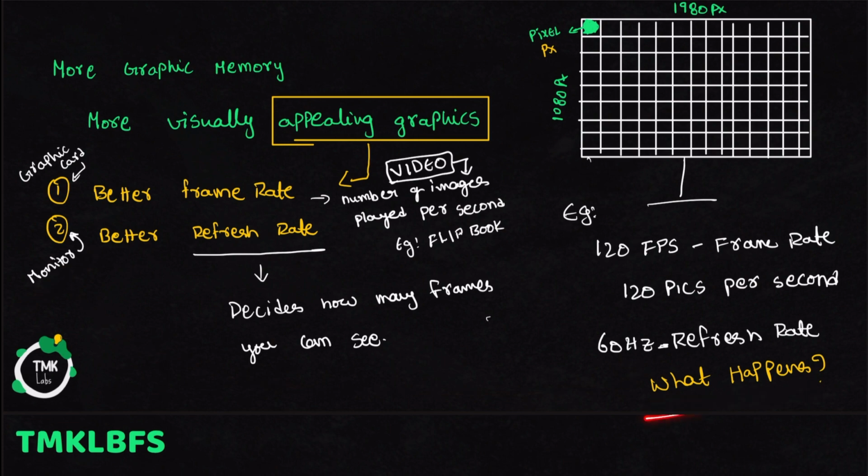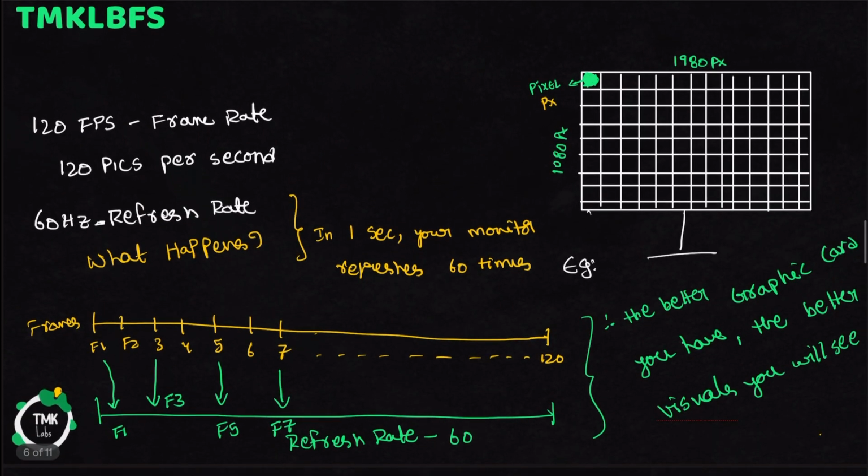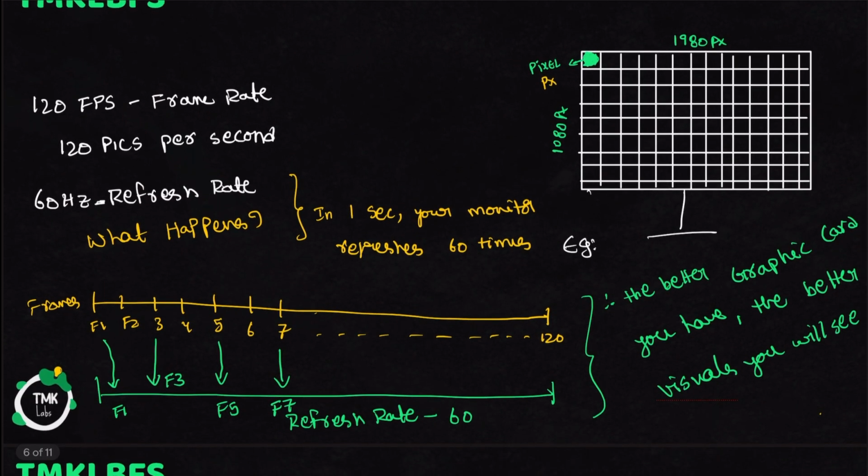Now the question is, what happens? The answer is here. In 1 second your monitor refreshes your screen up to 60 times, only 60 times. But you have 120 frames, 120 images. So then what happens?